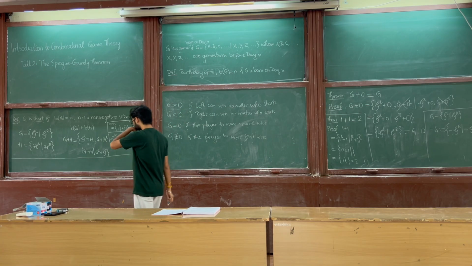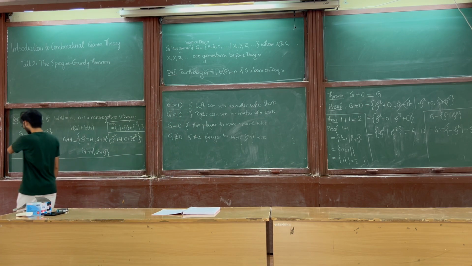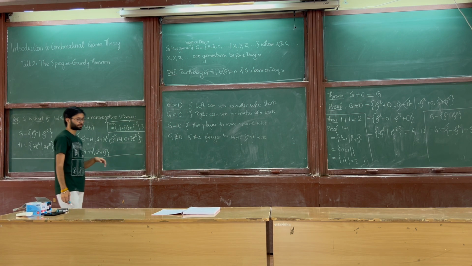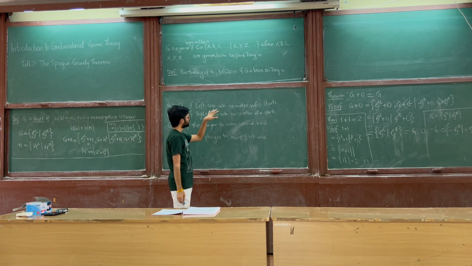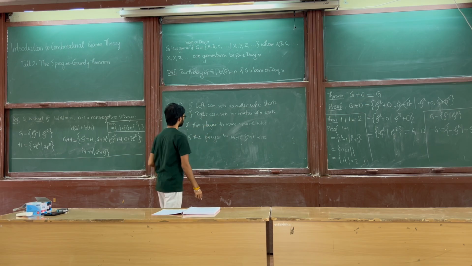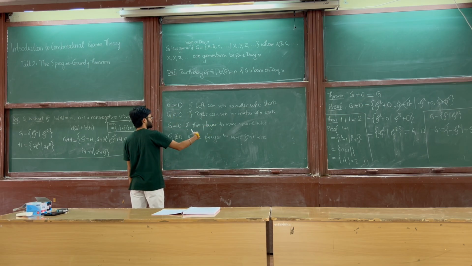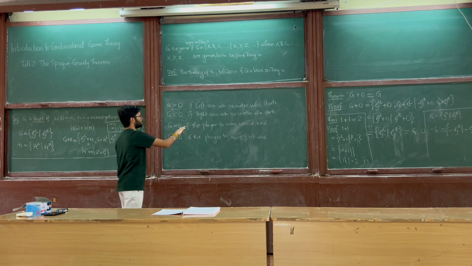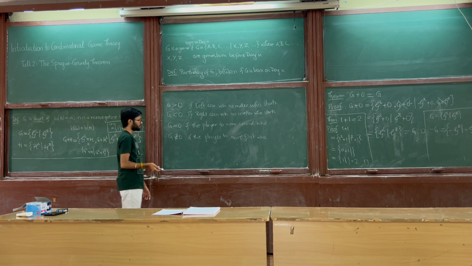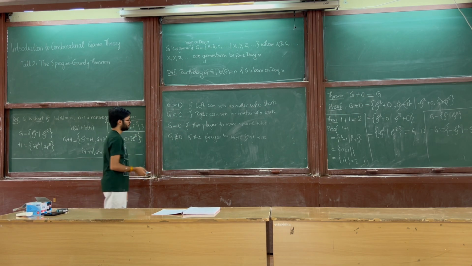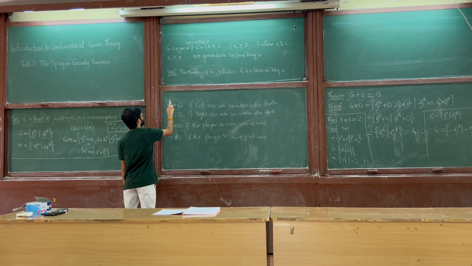Okay, so comparison: positive games are those where left can win no matter who starts, negative games are those where right can win no matter who starts, zero games are those where the player to move second wins regardless of left and right, and G is confused with zero if the player to move first wins. If this happens we call it positive. If this happens, we call it negative.